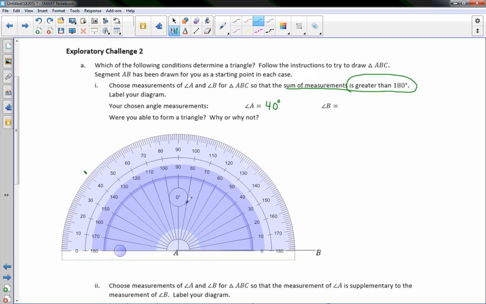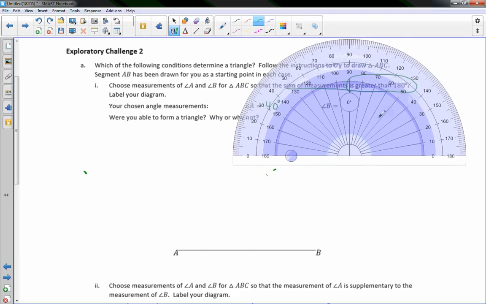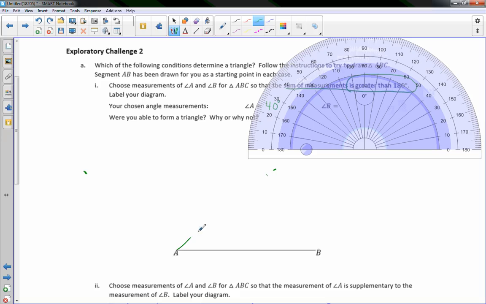So that's 40 degrees there, and there's a 40 right here. So I'm going to put a mark over here, and I'm going to explain what those marks mean. Now if I were to draw an angle over here, there's one angle. Okay, that does look like 40 degrees. But if I choose the other one, and I draw an angle over this way to this 40, well, that's not 40 degrees.